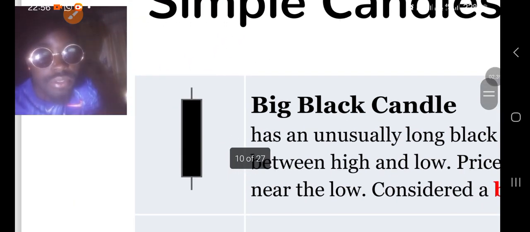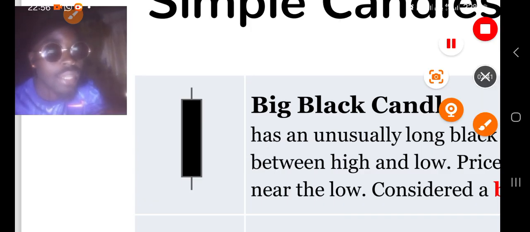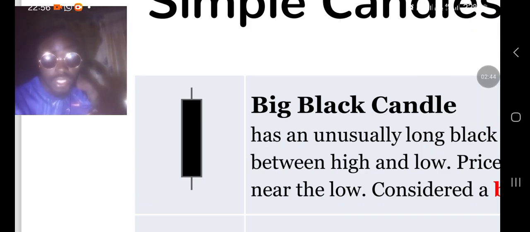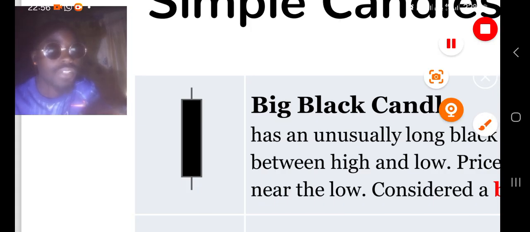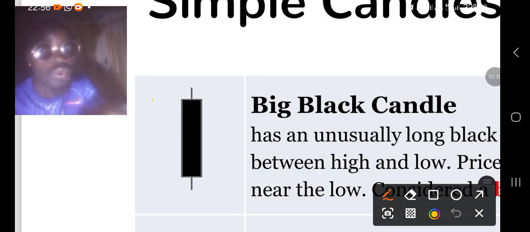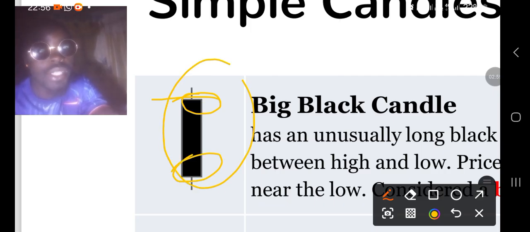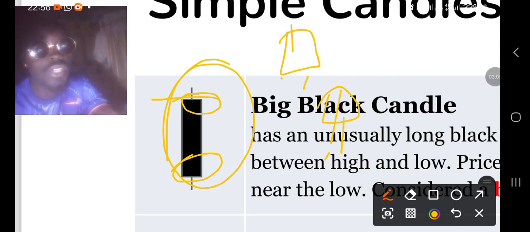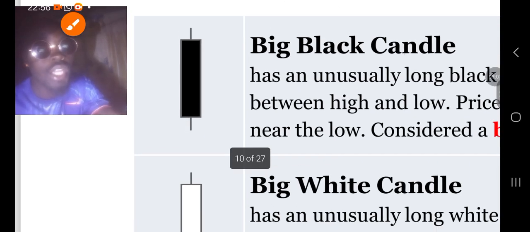Let me enlarge it. Let me explain it anatomically so that you can understand the price action. This is where the candlestick opens at the top and closes at the bottom. This is a bearish candle, showing that the market will most of the time move down.